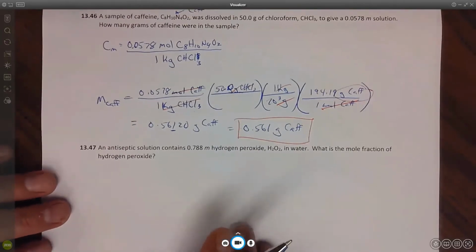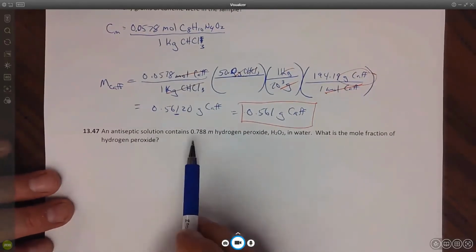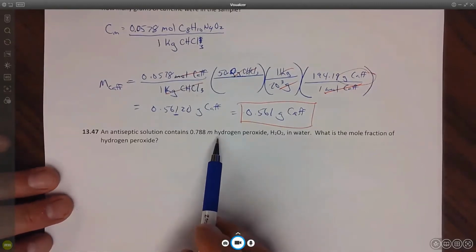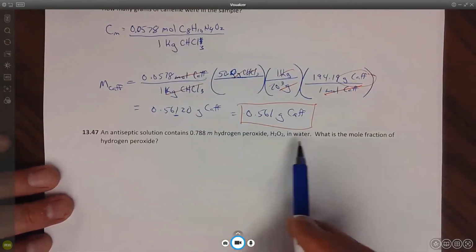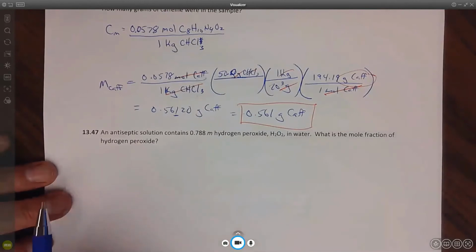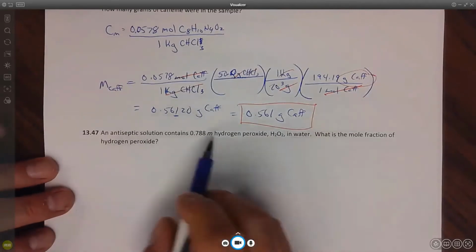Okay, let's try the next one then. It says an antiseptic solution contains 0.788 molar hydrogen peroxide in water. What is the mole fraction of hydrogen peroxide? Okay, so again, remember what this means.